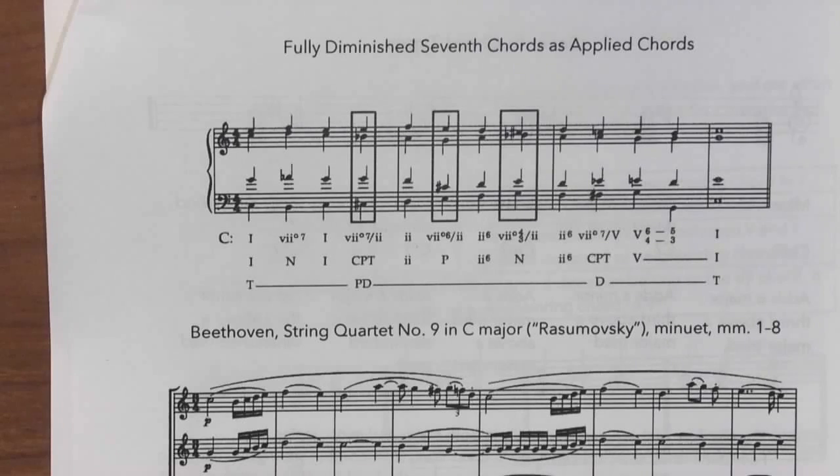But you can throw in a 7/7 of 2 in much the same way as you could do its applied dominant. It's just going to look a little bit different and sound a little bit different. So that chord will be something like, that's the applied chord, and it goes right here.